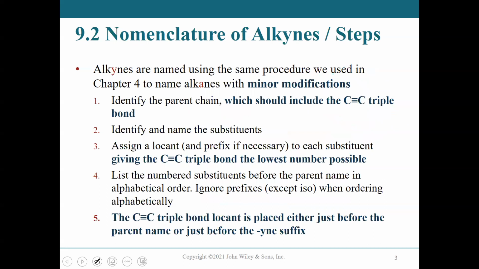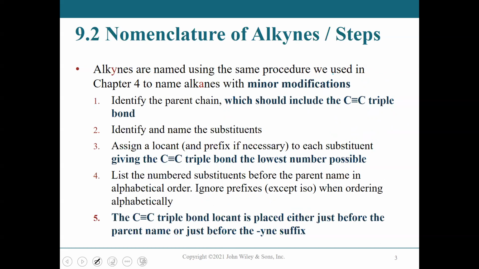Okay, so let's continue: nomenclature of alkynes and steps. IUPAC, the International Union of Pure and Applied Chemistry, has done us a favor by having rules that apply to everything.